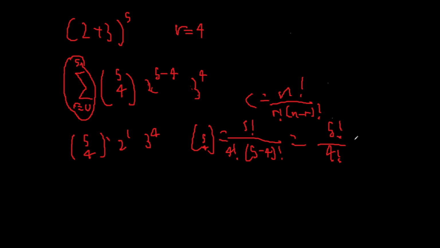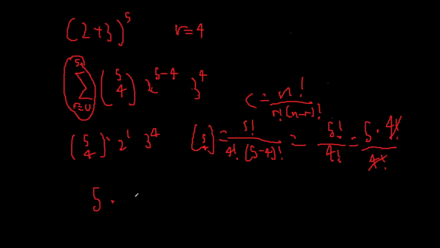And this is equal to 5 times 4 factorial over 4 factorial. Those cancel out, so then you just have 5 left, so you'll bring it back over here.